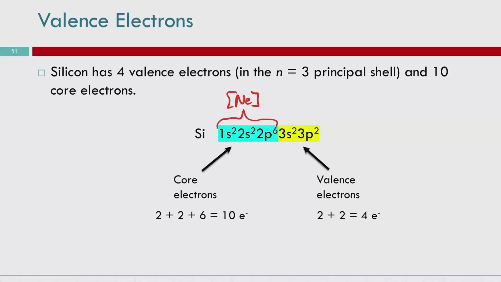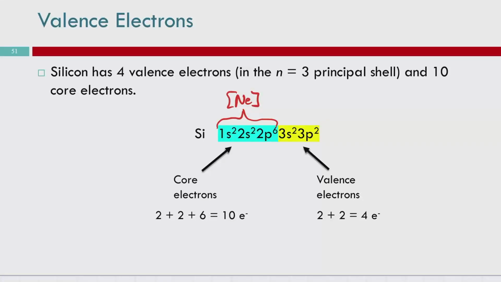That would also work. And then if we look at where silicon is on our periodic table, we're in row 3. We're past the row 3 s block, sodium and magnesium. We are the second entry into the p block, also in row 3. So that's where we get the 3p2.